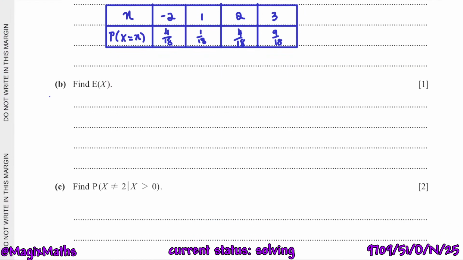So now find E(X), or the mean. This is just -2 times 4 over 18 plus 1 times 1 over 18 plus 2 times 4 over 18 plus 3 times 9 over 18, and then we will get that answer.